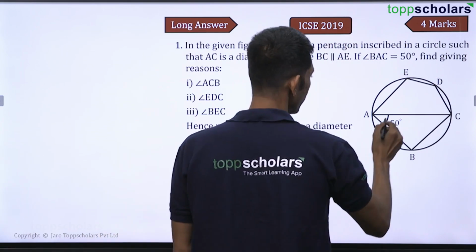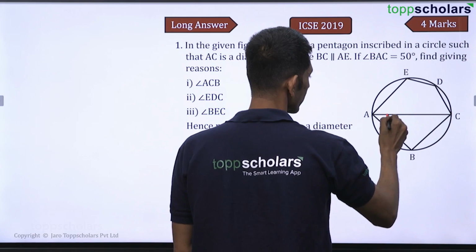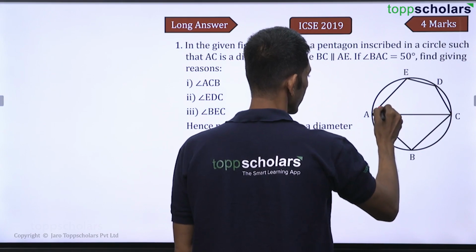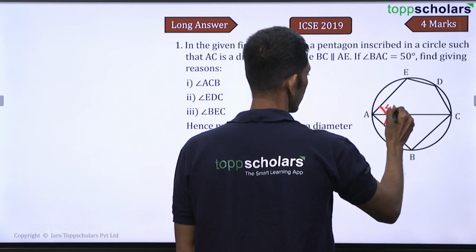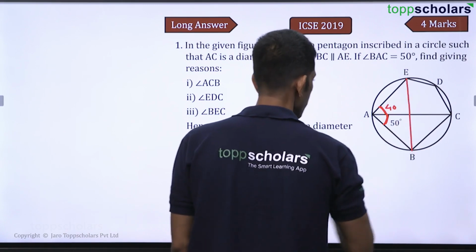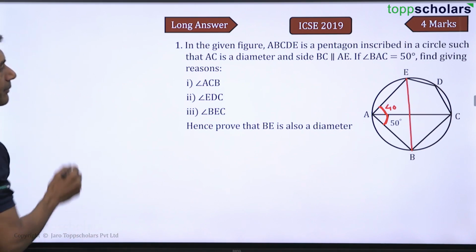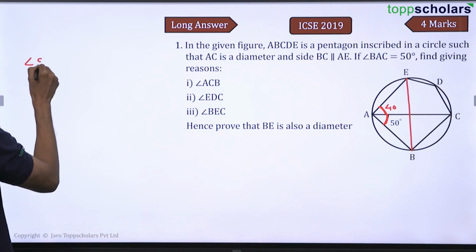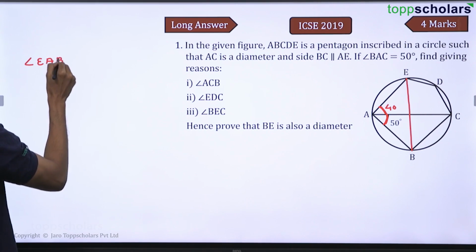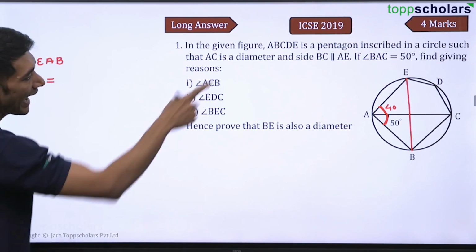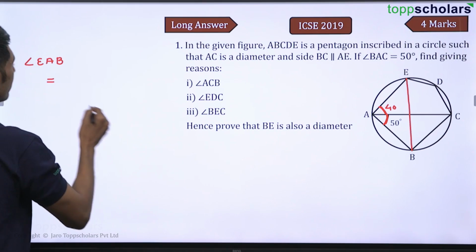Now understand. If you see the previous slides, this is 40, this is 50, and this is 40, right? And let me join BE. Now understand, if I try to find out angle EAB, can I say angle EAB is nothing but angle EAC plus BAC.